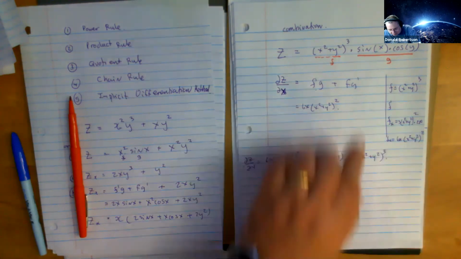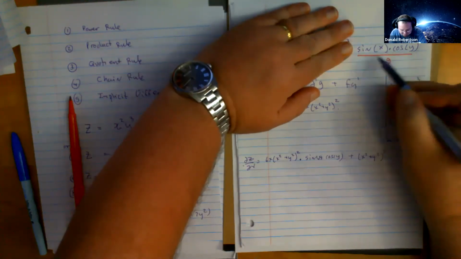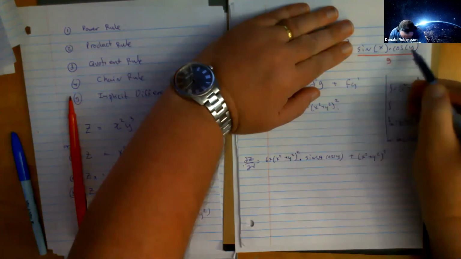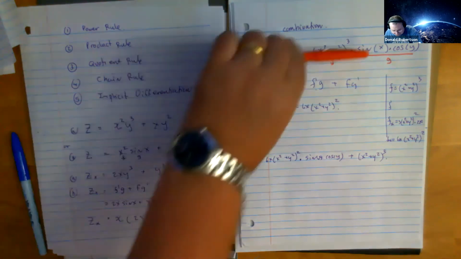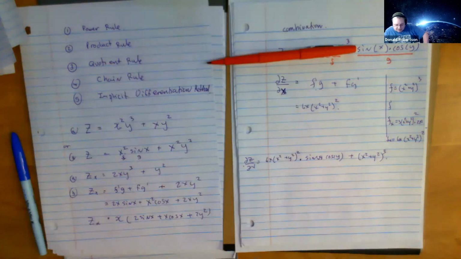Now, what do you get when you differentiate this guy with respect to x? Because we've changed the variable to x now. What do you get as this guy's derivative? Sine x cosine y, partial derivative with respect to x.